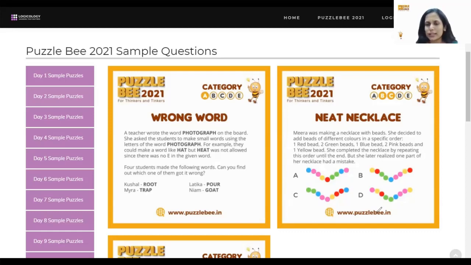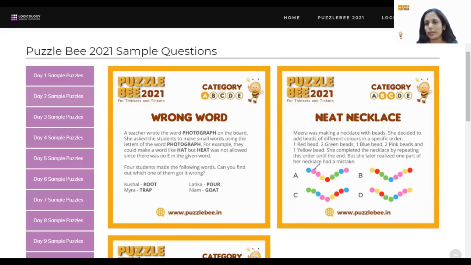So again, I would say it's a fairly simple puzzle. What you had to do was just check if the beads are in the specific order or not. Now, the only thing that could have been a little tricky here was that not every part would start with a red bead. It could start somewhere midway, because she would keep repeating.